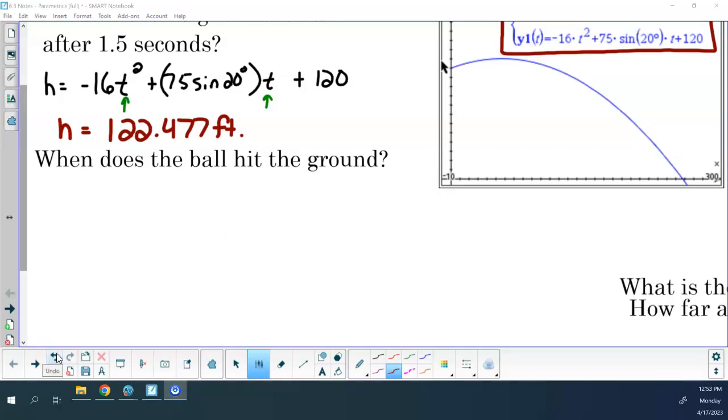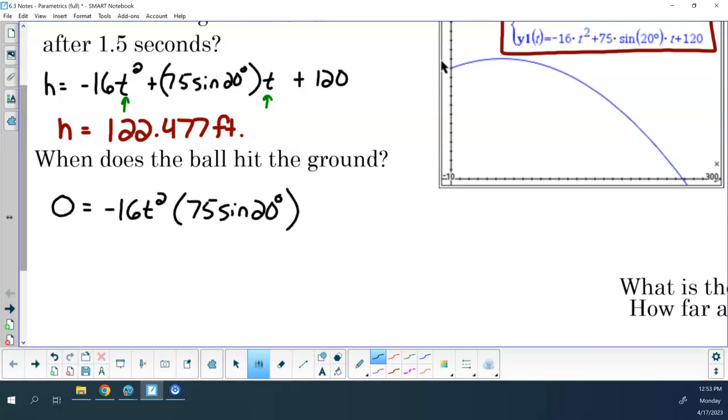So algebraically, when does the ball hit the ground? Well, the ball hits the ground when it has a height of 0 feet. So I'm going to set my y component of my parametric equation equal to 0. Now, I know that I can't factor this because of the sine of 20 degrees, but I can use the quadratic formula.